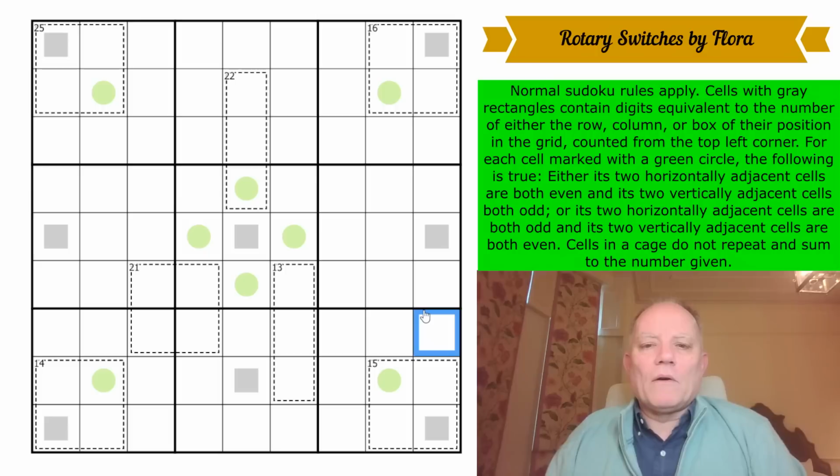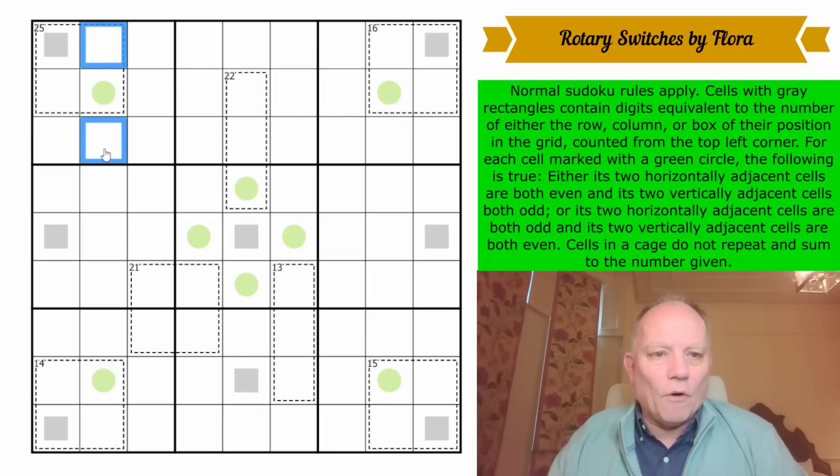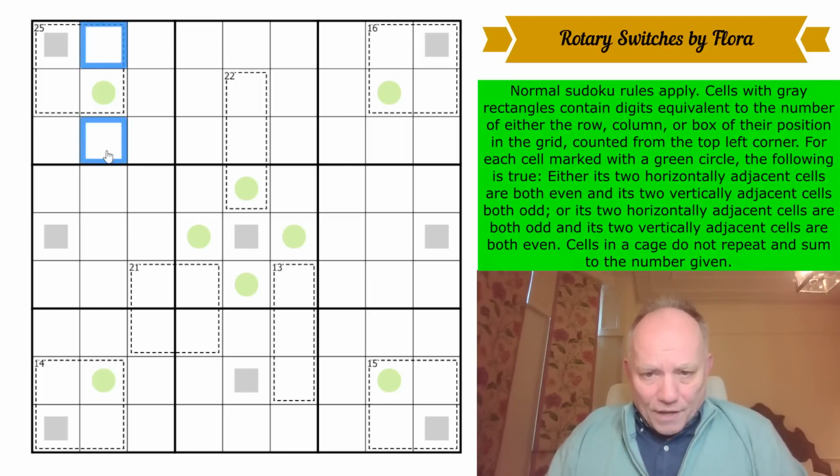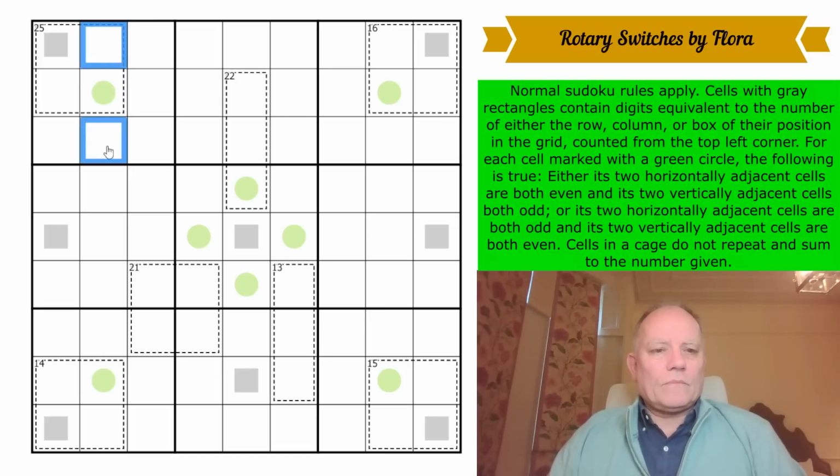For each cell marked with a green circle, the following is true. Either its two horizontally adjacent cells are both even, and its two vertically adjacent ones are both odd, or the other way round, and its two horizontally adjacent cells are both odd, and those both even.